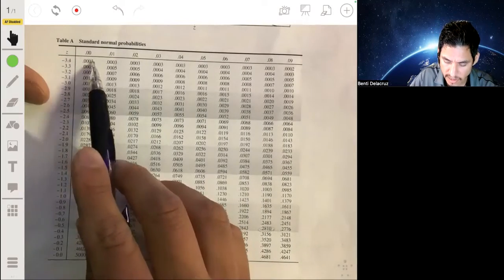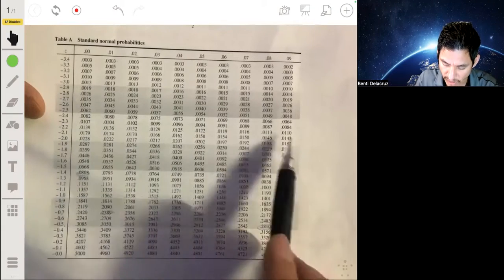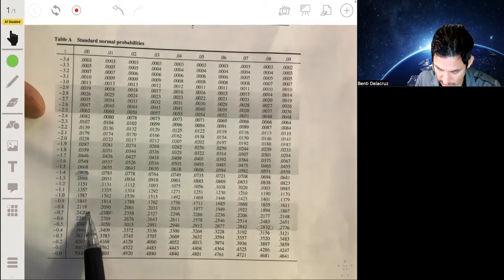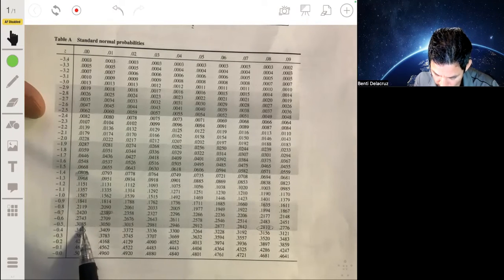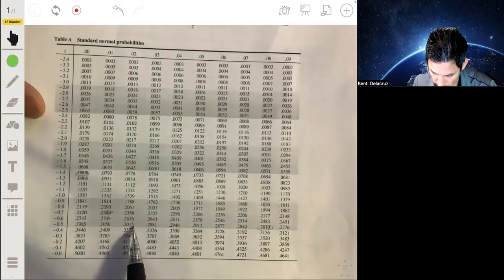These values are in increasing order, so we go until we can find the value closest to 0.3. Over here, we're getting close to 0.3. We have 0.3085, 0.305, 0.31, 0.3015. So it's going to be somewhere between here and here.